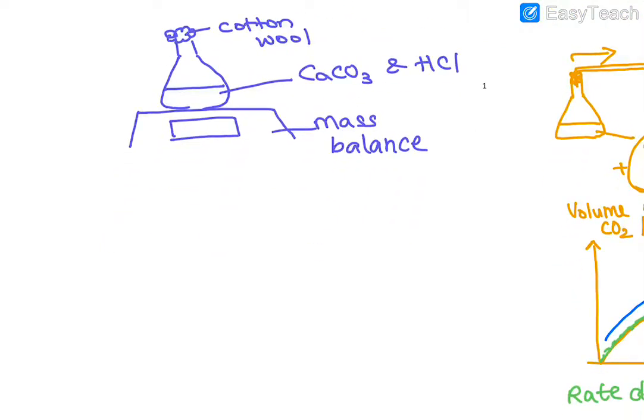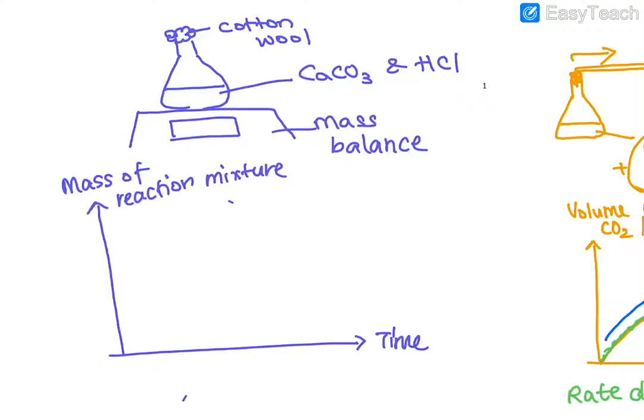Because carbon dioxide is escaping, the mass is going to decrease with time. So mass of reaction mixture is going to decrease with time. Initially we'll have a lot, and then as the reaction is proceeding, the mass is going to decrease.